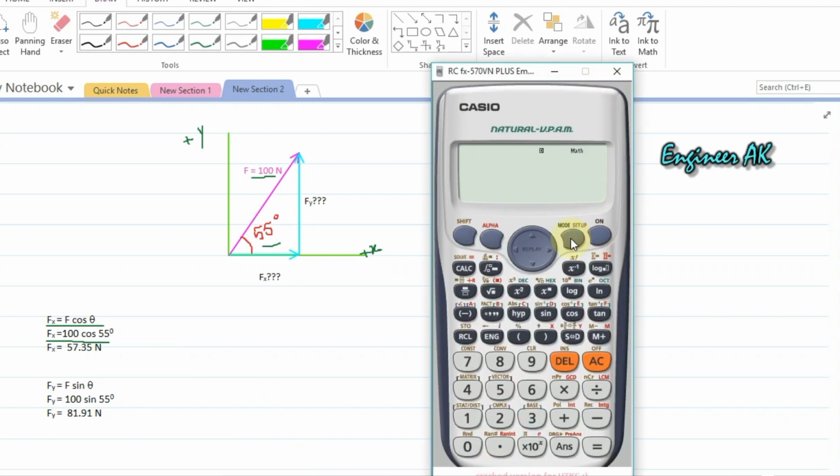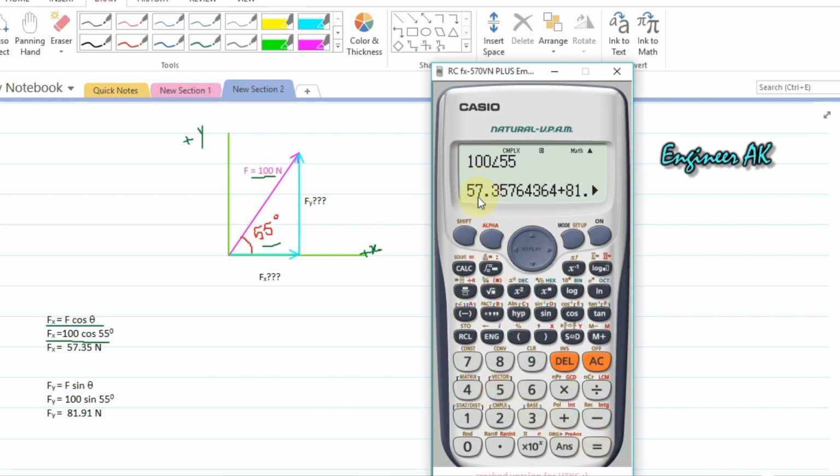First we have to press the mode, then complex mode, and here you will see that complex mode is on. Now first put the magnitude, then press shift for activating the angle command, and put the angle. Here we go.